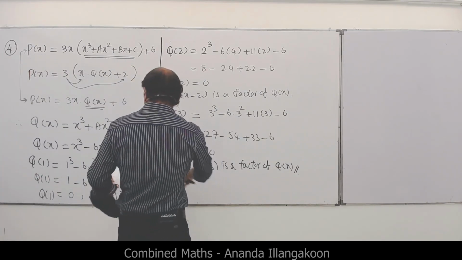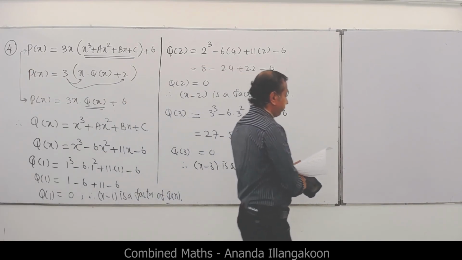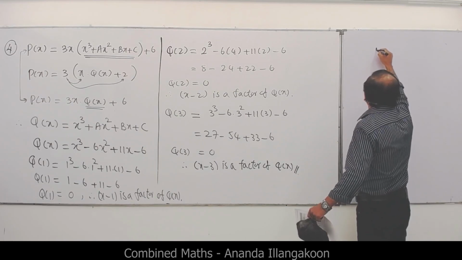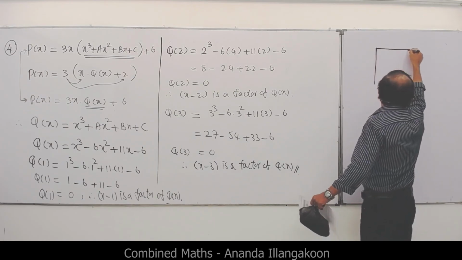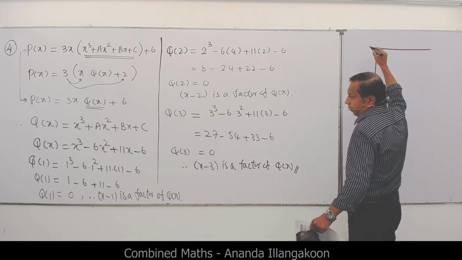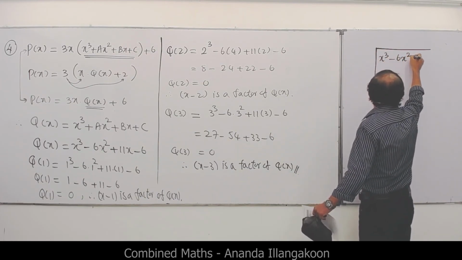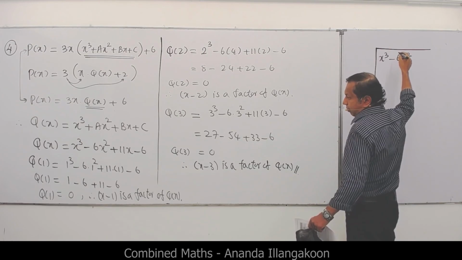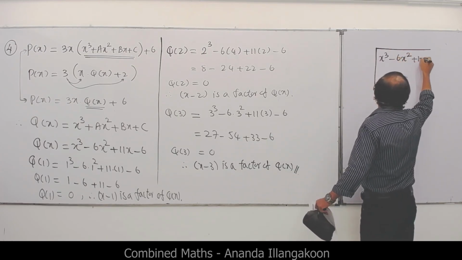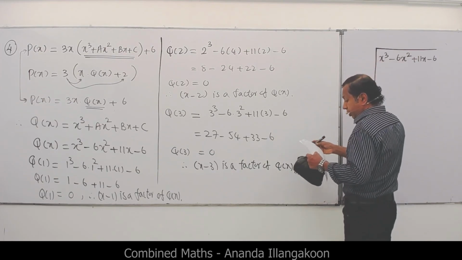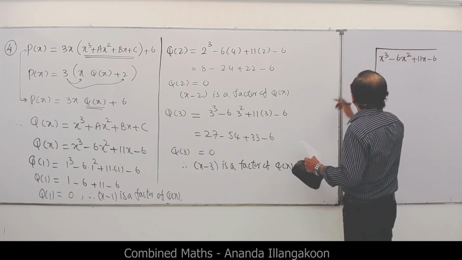Qx function is this: x cube minus 6x squared plus 11x minus 6 is divided by x squared plus 1.